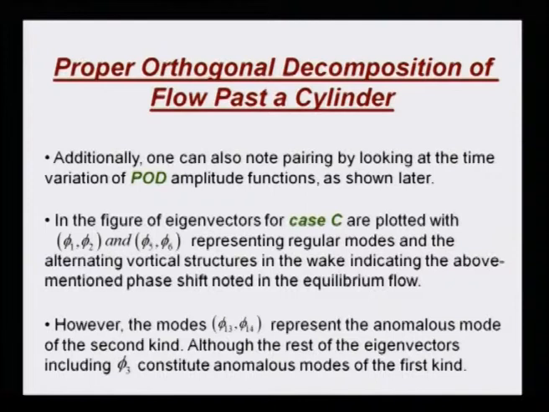Phi 1, phi 2, phi 5, phi 6 represent regular modes showing alternating vortex structures in the wake. What we notice, though, is that 13 and 14 form a pair, but their time variation is not what we are used to seeing.